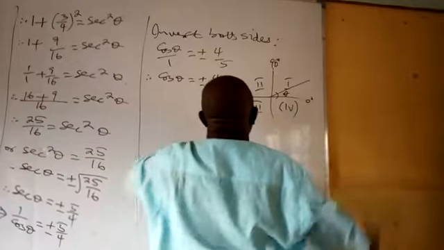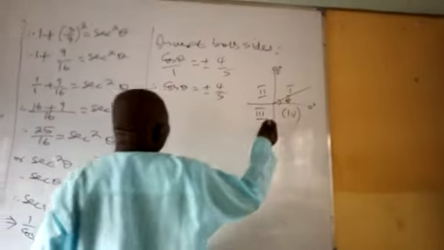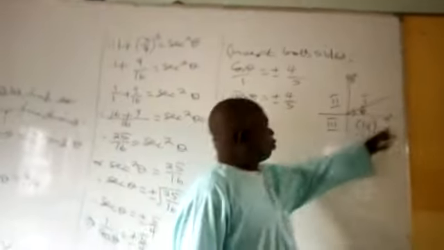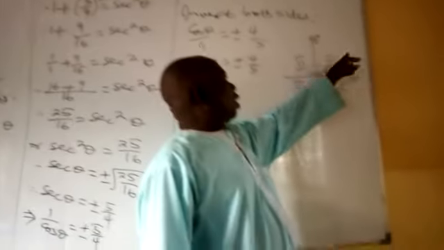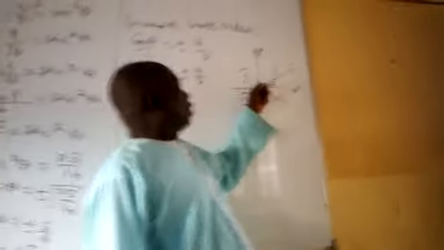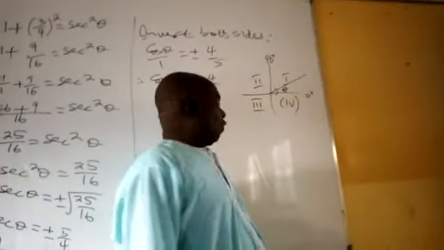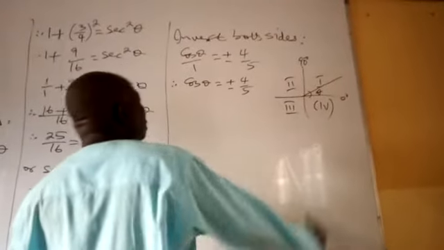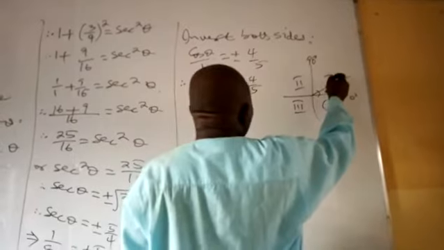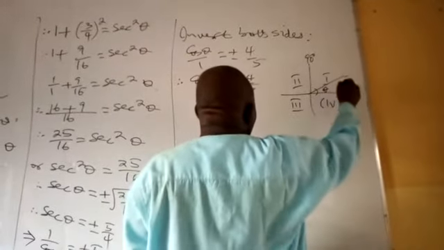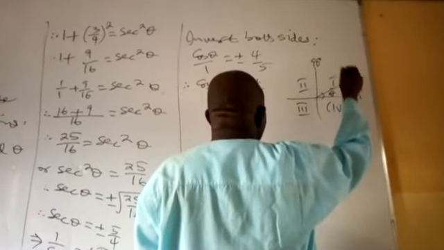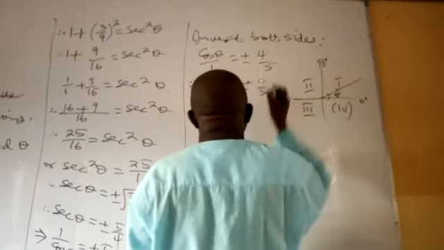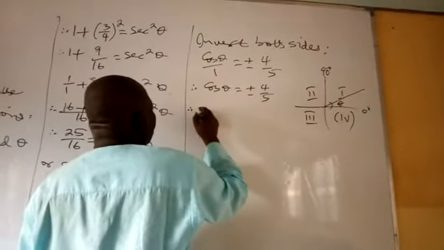That is the definition of an acute angle. Since the trigonometrical ratios of an acute angle are positive, we settle with the positive sign here. That is how we decide.